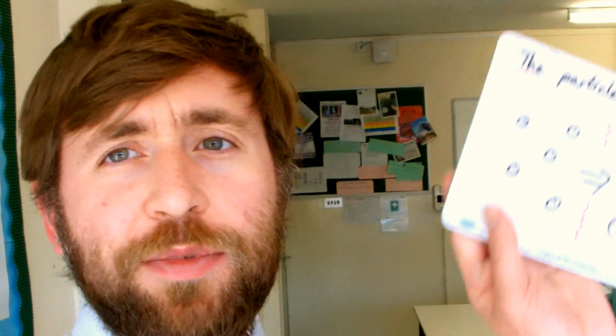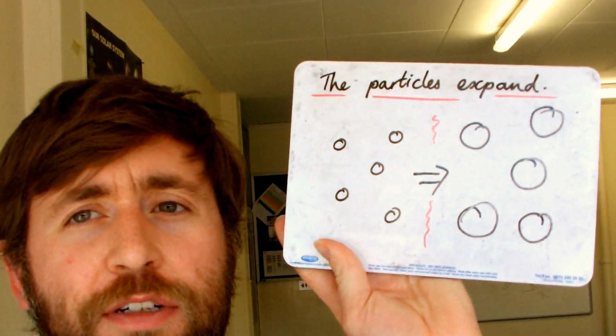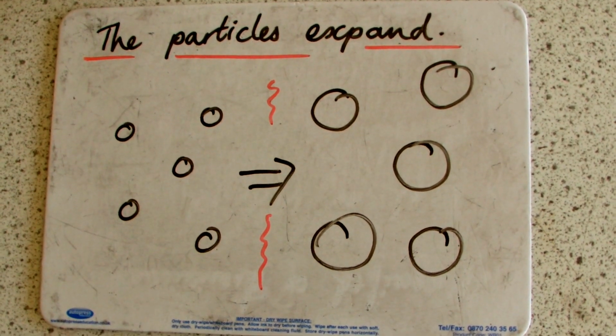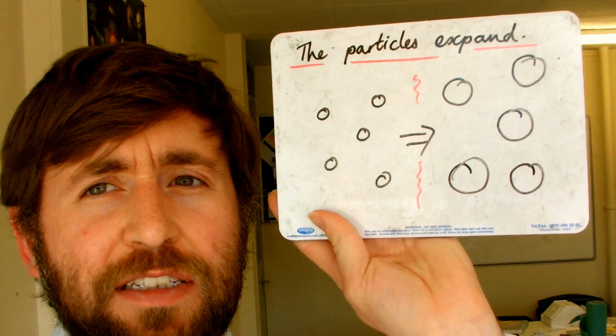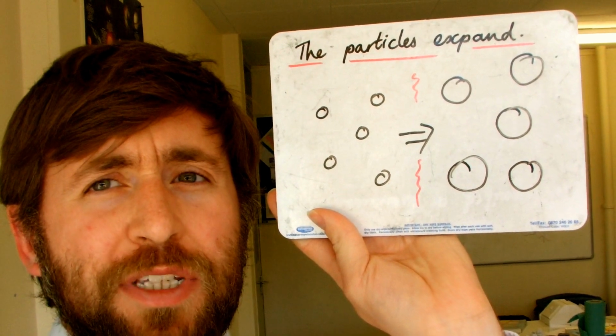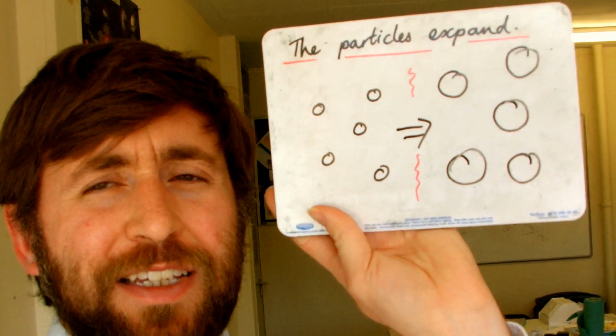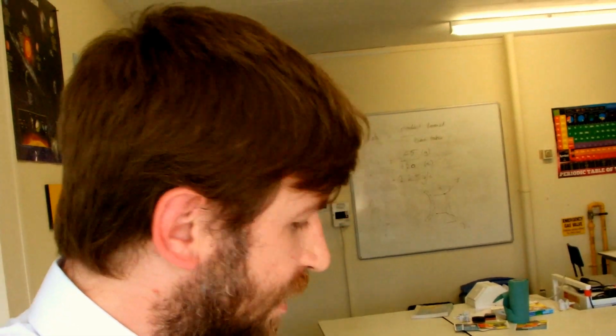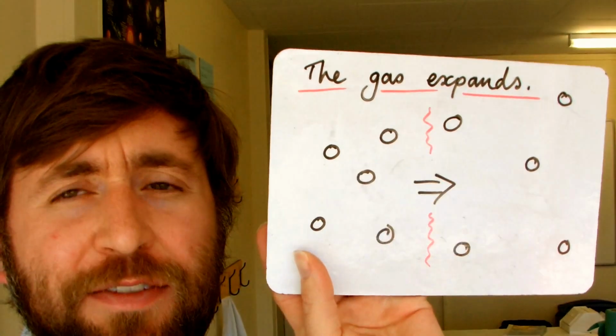This is the classic example of this, if you like. You're asked to describe how heat changes the density of something, because maybe you're doing convection currents or something like that. And you say, the particles expand, and so the gas gets less dense. But hang on a minute, the particles do not expand. If you say the particles expand, you probably mean those particles get further away from each other.